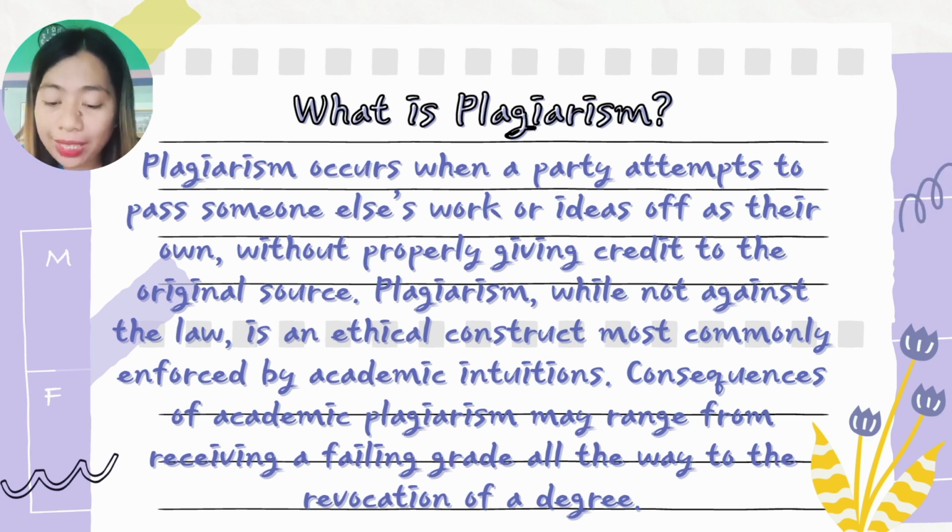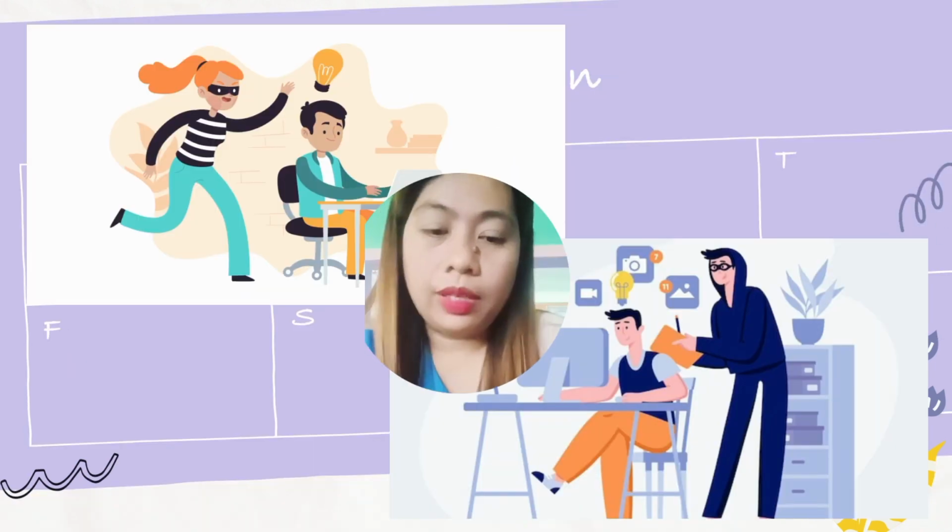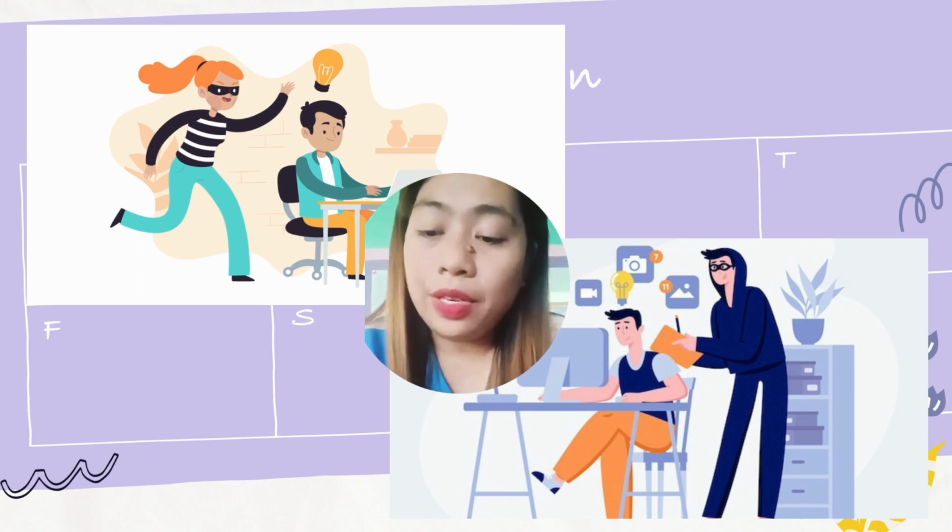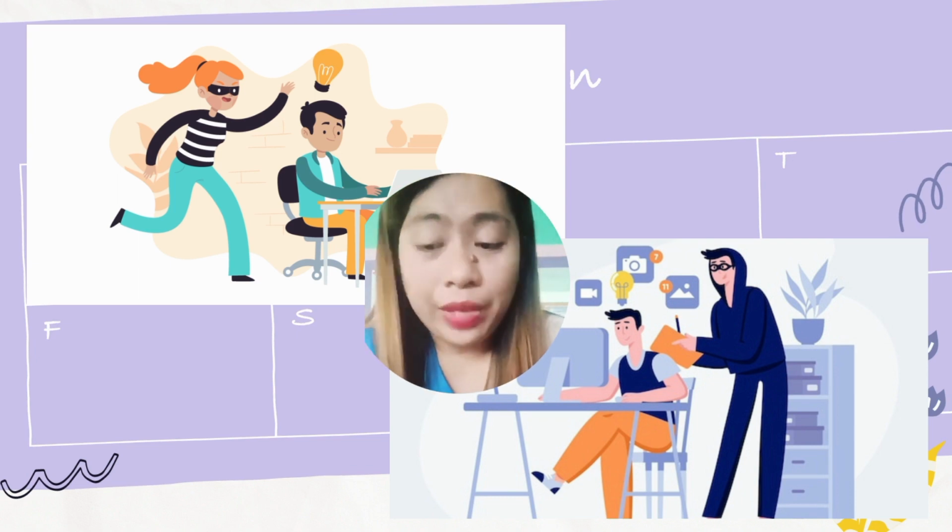Plagiarism, while not against the law, is an ethical construct most commonly enforced by academic institutions. Consequences of academic plagiarism may range from receiving a failing grade all the way to the revocation of a degree. Now let's try this example scenario of plagiarism but not copyright infringement.